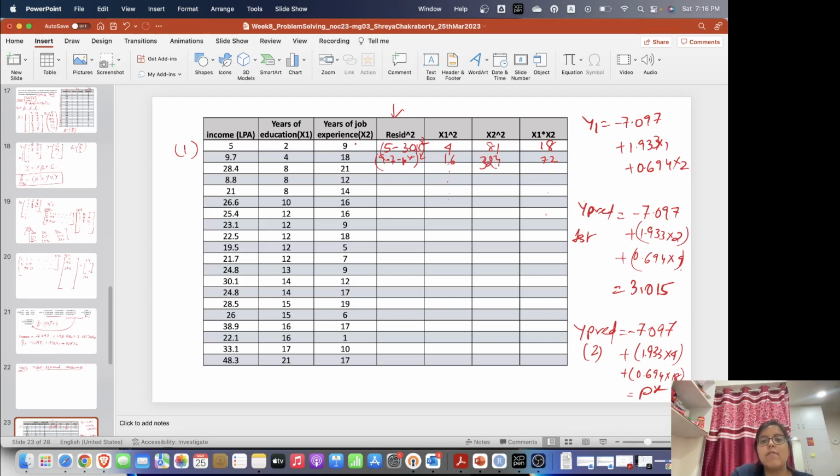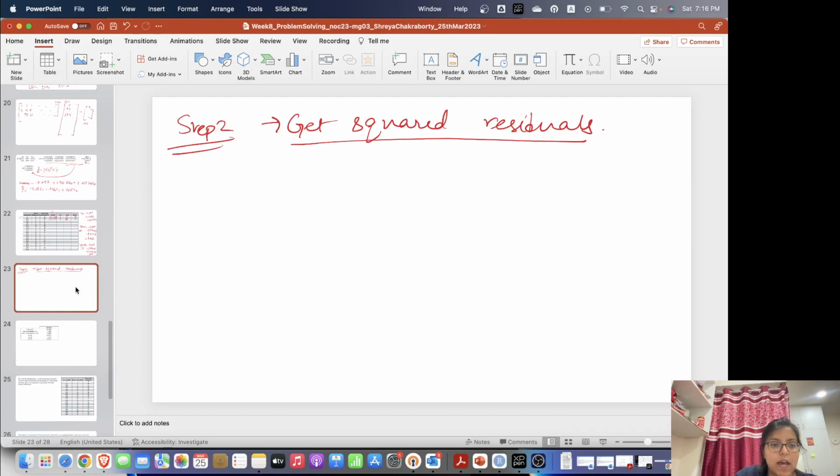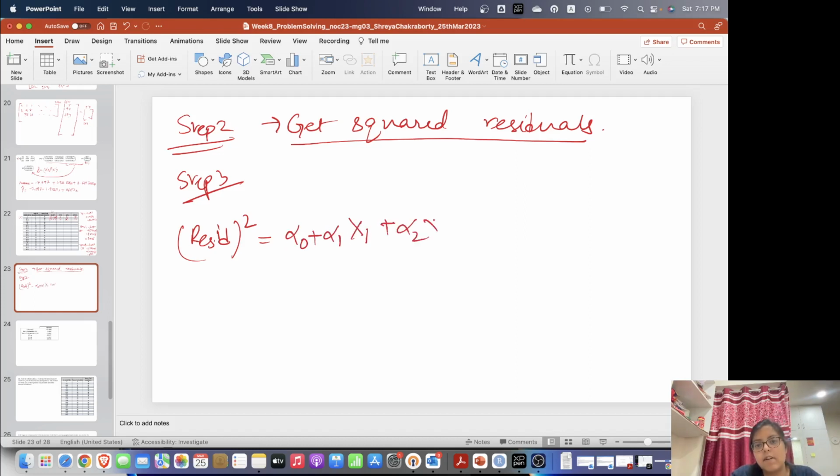So now that we have our squared residuals and these variables as well, step 3 will be, once we have step 2, we would regress residual square on alpha naught plus alpha 1 x1 plus alpha 2 x2 plus alpha 3 x1 square plus alpha 4 x2 square plus alpha 5 x1 x2.